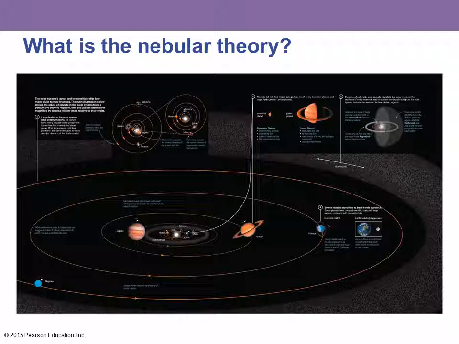Well, we'll look at that as we go through this section of the chapter. It's basically a way of explaining how our solar system formed. And, of course, there's no direct proof of it, but based on what we've seen in other places in space, we kind of put together the jigsaw puzzle and say, this is what we think happened.